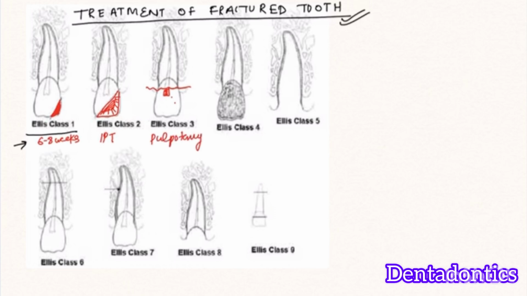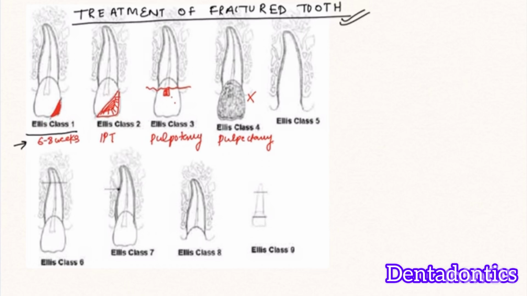As you can see here, the pulp is dead and the tooth became non-vital. So in this case we will do the pulpectomy in primary teeth or extraction followed by space maintainer as required.